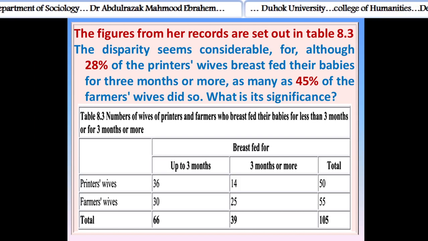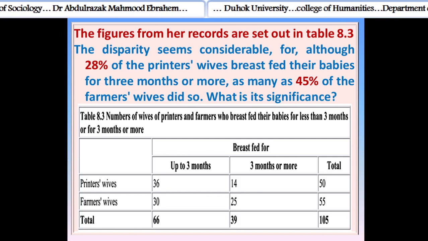What is its significance? We have table 10.3, numbers of wives of printers and farmers who breastfeed their babies for less than 3 months or for 3 months or more.